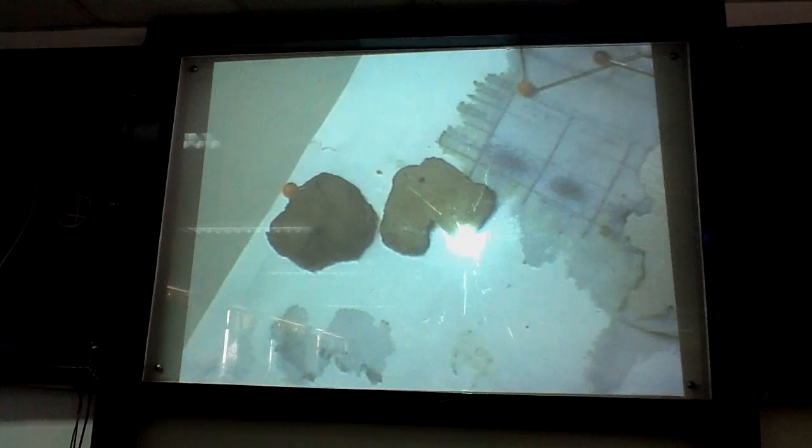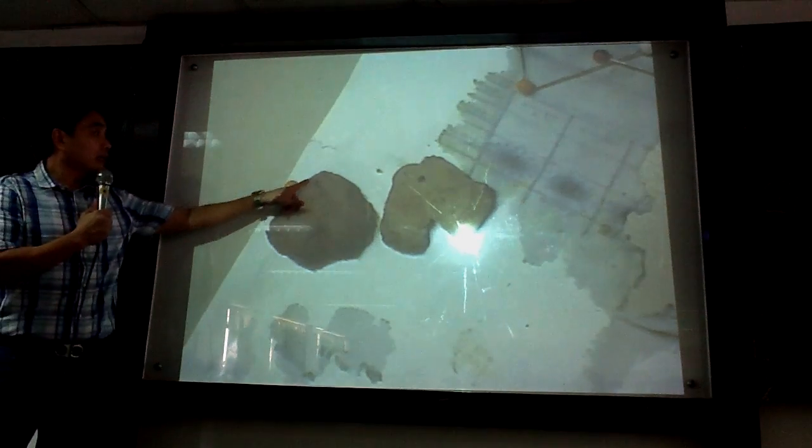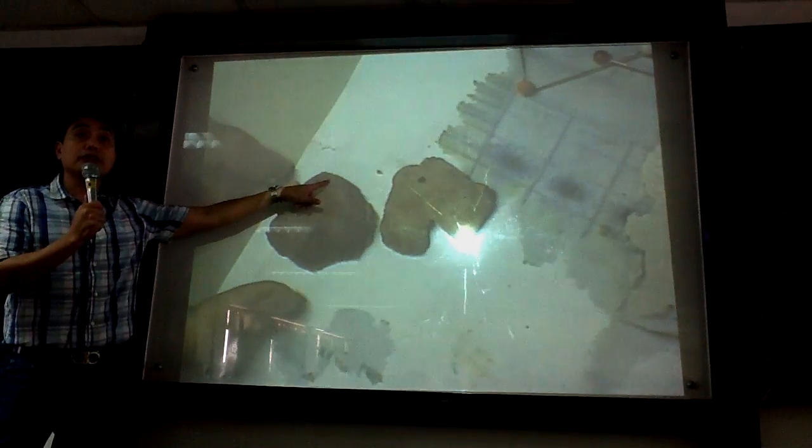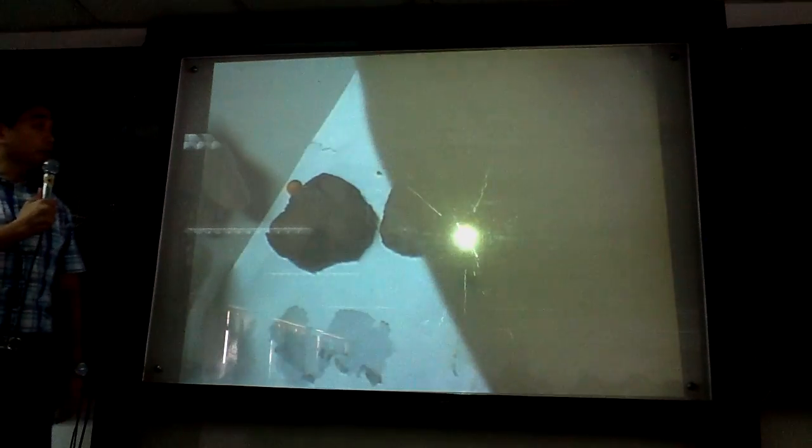Then you still have the iter, yung butas. Ayan. So you still have the same structures there, the iter, the periaqueduct. This is the nucleus of the inferior colliculus.